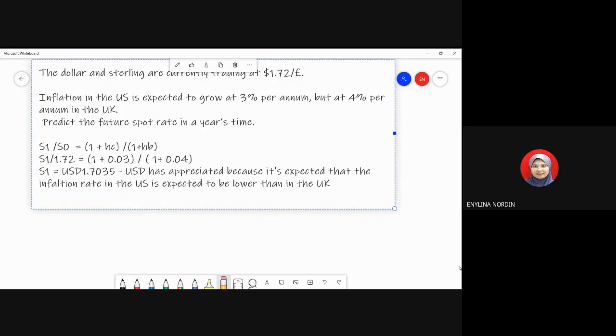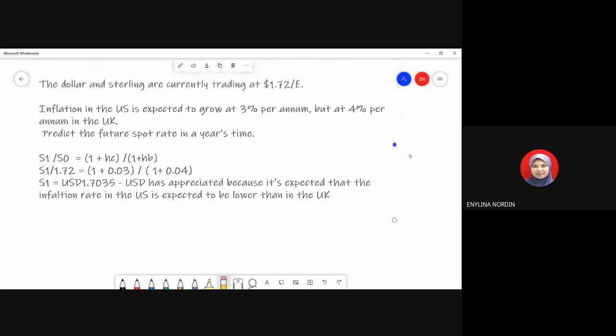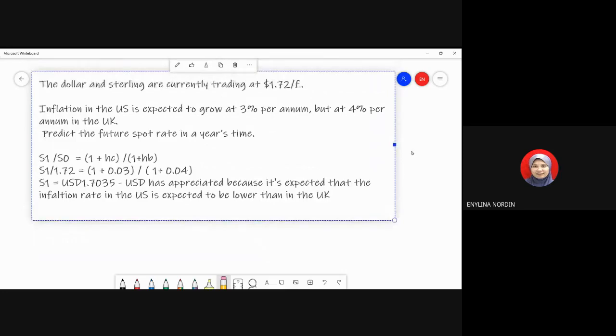The dollar and sterling are currently trading at 1.72 dollar per pound.